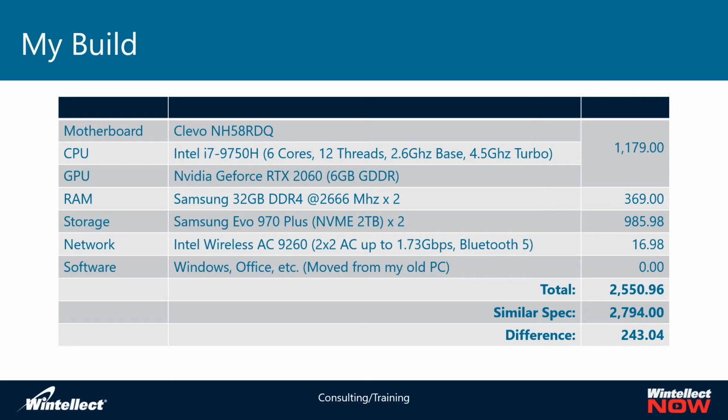So this was one unit that I bought online, just a Clevo barebone laptop, and it had an i7 9th gen in it with 6 cores and 12 threads, with a 2.6 gigahertz base and a 4.5 gigahertz turbo. It had an NVIDIA RTX 2060 in it with 6 gigs of RAM, and that was the base that I worked with.